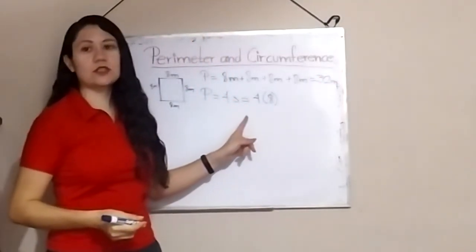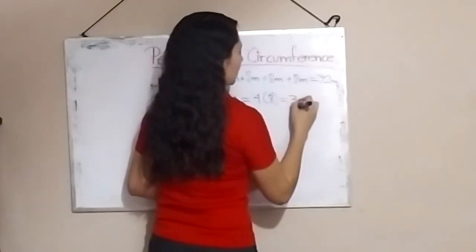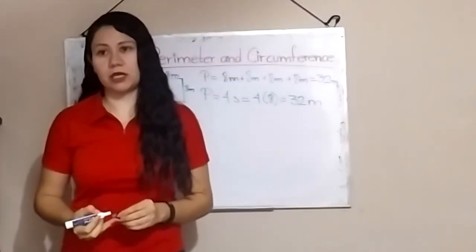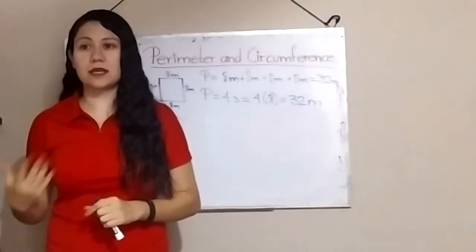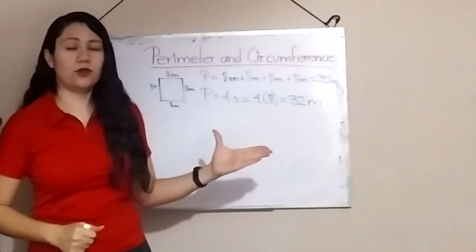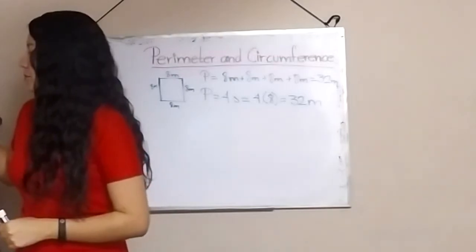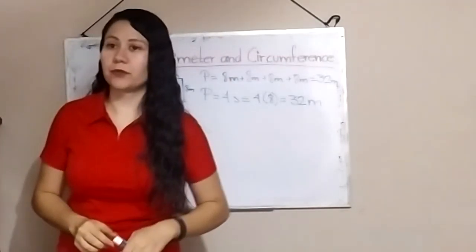And how much is 4 times 8? It is also 32 meters. As you can see, we have the same answer with both methods. You can use whichever you want, but the formula is always faster.